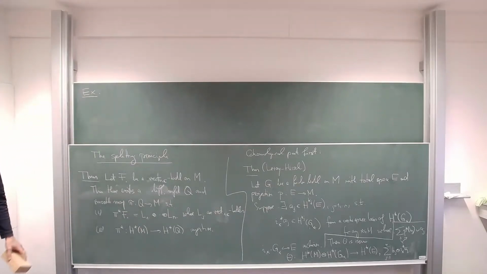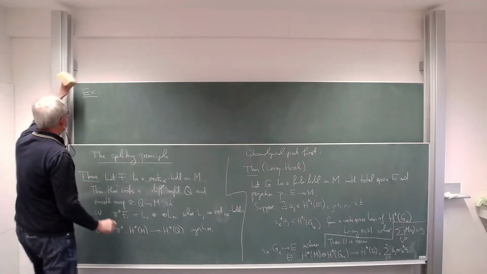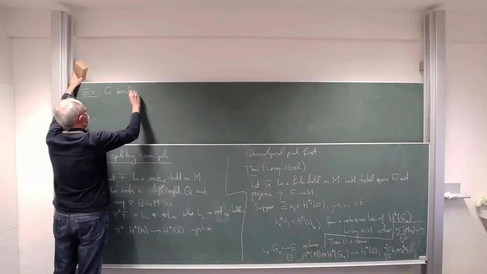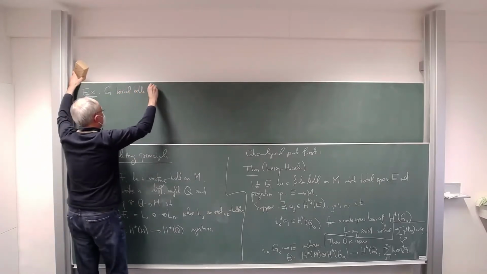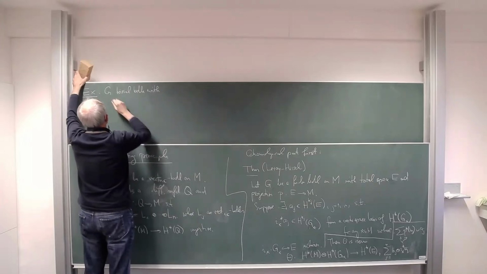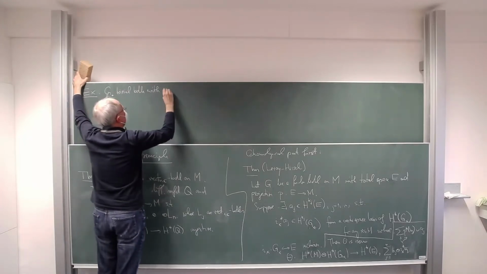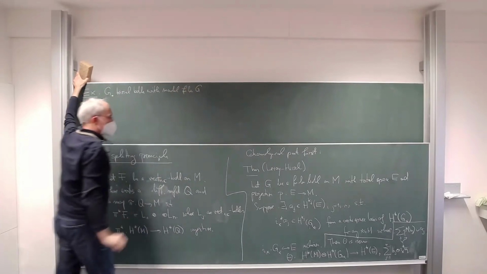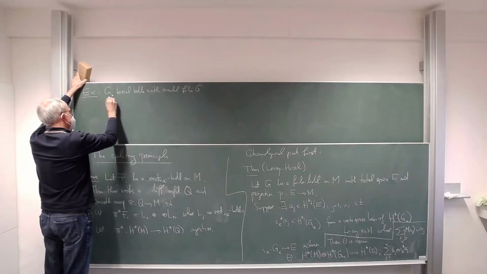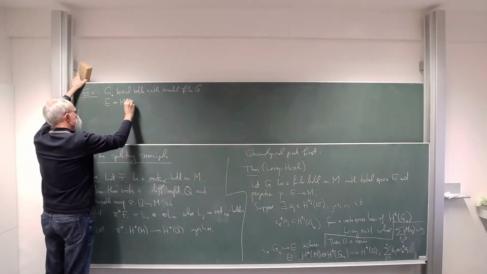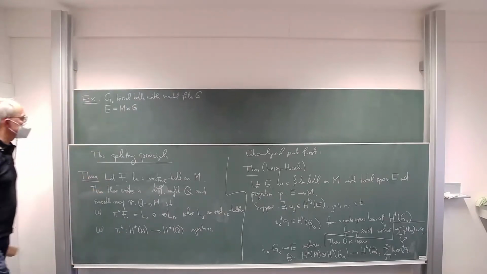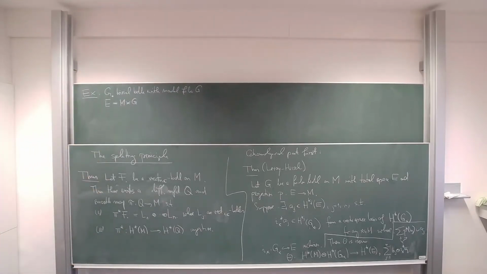Usually the trivial bundle is not an interesting example, but in this case it actually is. So let's look at the trivial bundle with model fiber G. That means the total space in this case is just the product of M and this model fiber, and the projection map is just the projection onto the first factor.